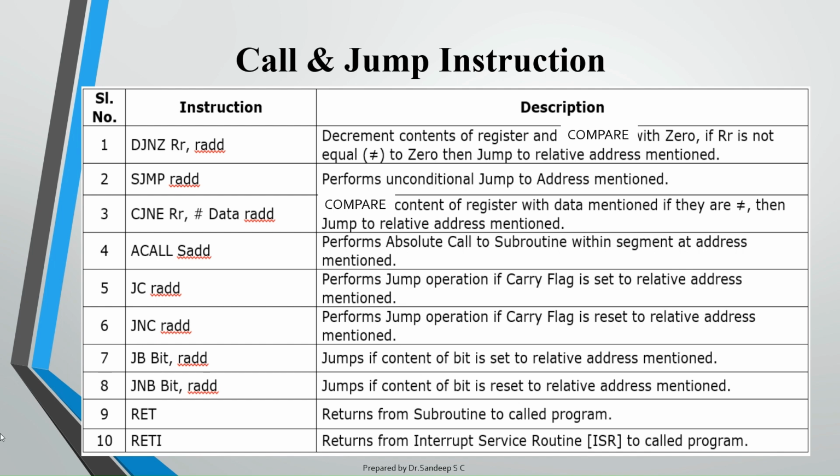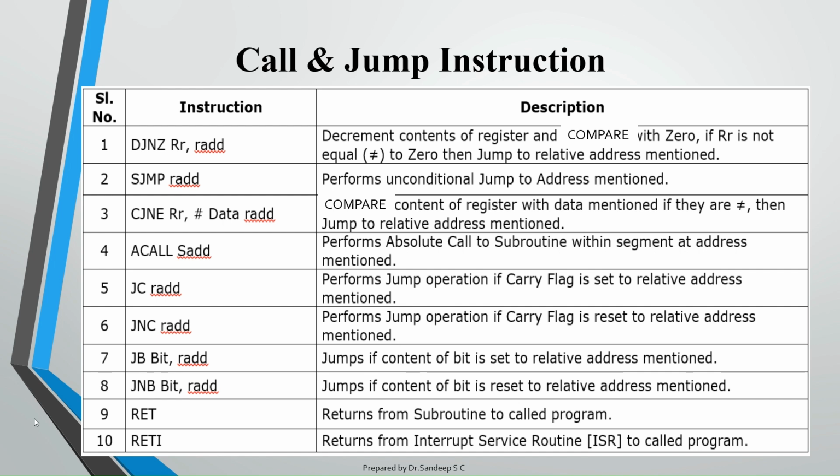Whereas if we say JB and JNB, that is jump if bit or jump if no bit, in that case, we have to mention which bit has to be checked by the controller. So we have to give the bit value or the bit address and the label. Then finally, we have two instructions, that is return and return from interrupt. RET is used whenever we call the program using a call, and then we are coming back from the subroutine using a RET instruction.